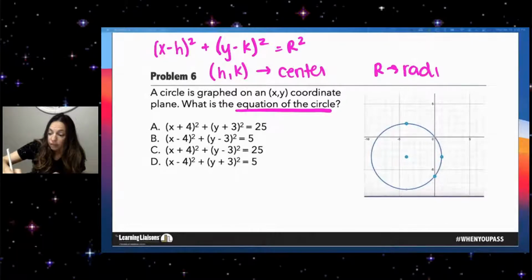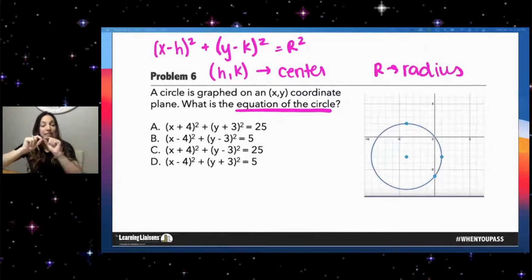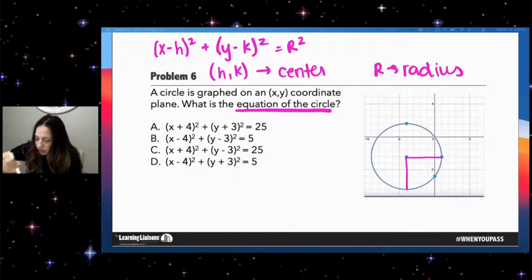What is the radius? The radius is the distance from the center to the outside of the circle. So this is a radius, this is a radius, this is a radius, this is a radius. Any of those would be radii.